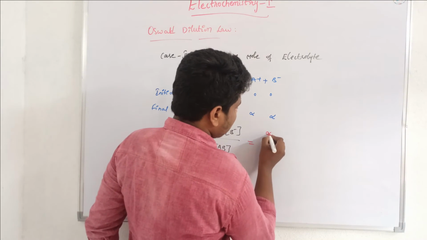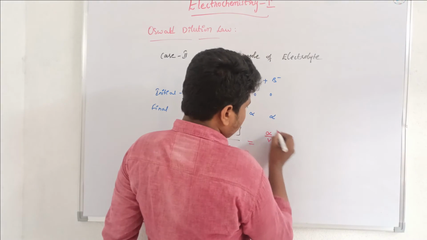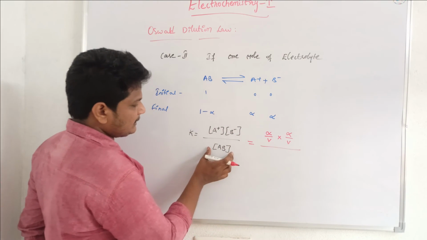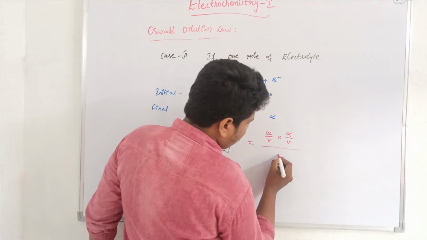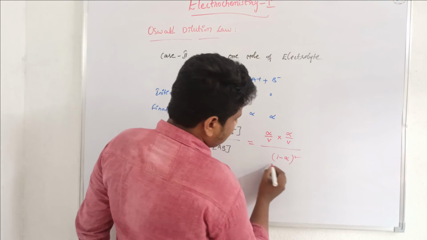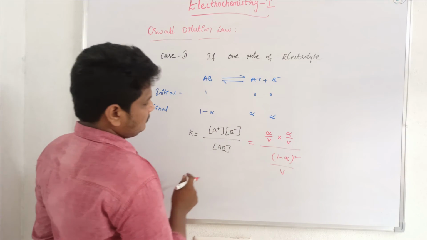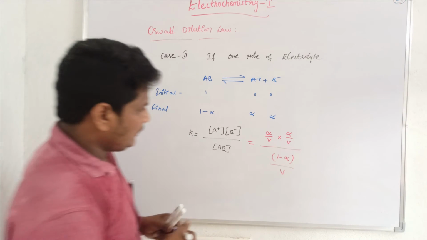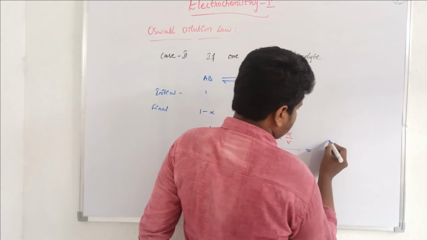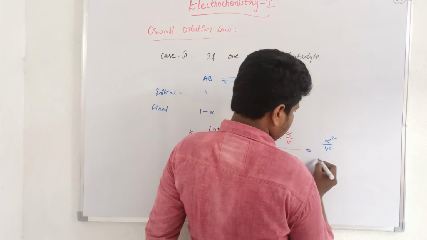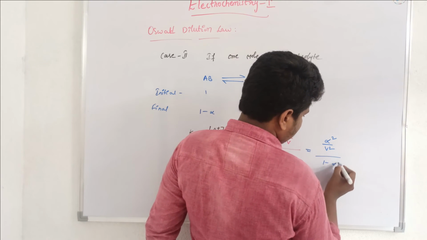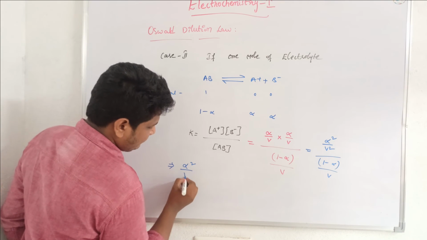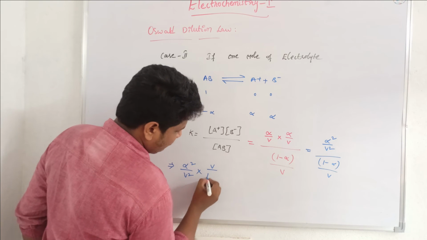The concentration of A plus is alpha by V, and of B minus is alpha by V. The concentration of undissociated AB is 1 minus alpha by V. So this equals alpha square by V square divided by 1 minus alpha by V, which is alpha square by V square into V by 1 minus alpha.